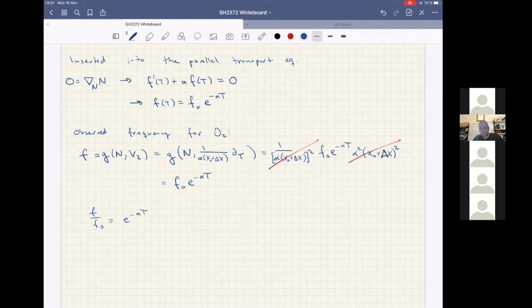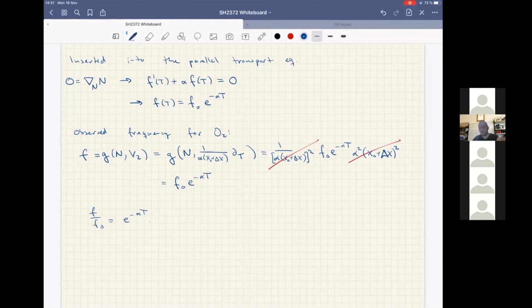If you look back at the special relativity case with redshift, you can also convince yourself that these are the same kind of arguments we have for what redshift is in special relativity as well.